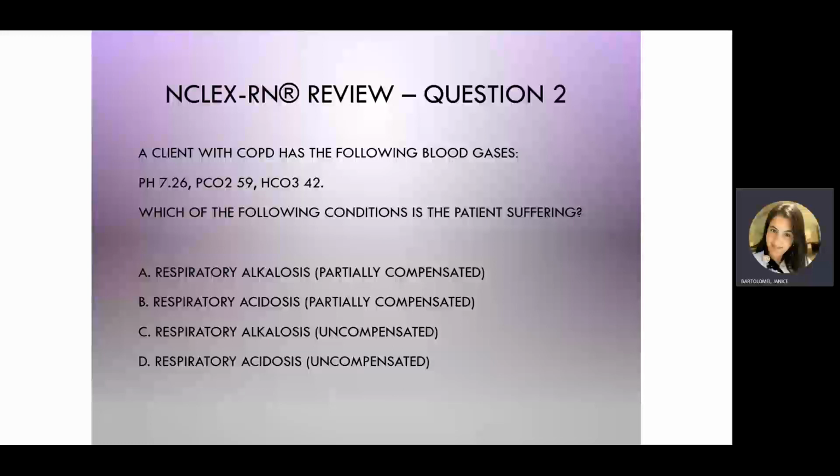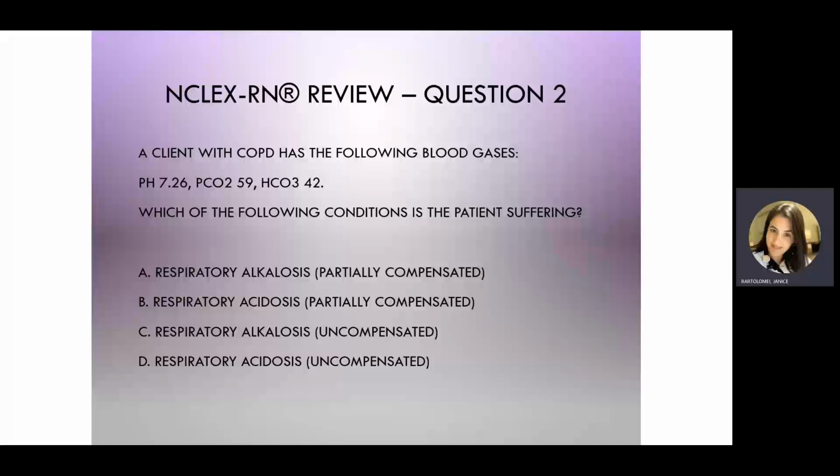Let's try another one. A client with COPD has the following blood gases: a pH of 7.26, a CO2 of 59, and a HCO3 of 42. But it's asking you, is it partially compensated or not compensated? So let's do the arrows. pH, is it down or up? pH is down.